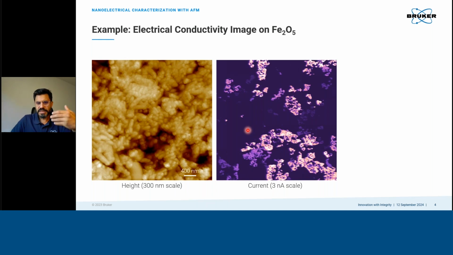Brighter contrast means more current, which means higher conductivity of the material at that spot, and darker areas are for low conductivity or zero current. Interestingly, you can see that with AFM, we can measure different levels of current, so different levels of conductivity, which in this case is likely related to the thickness of the oxide.